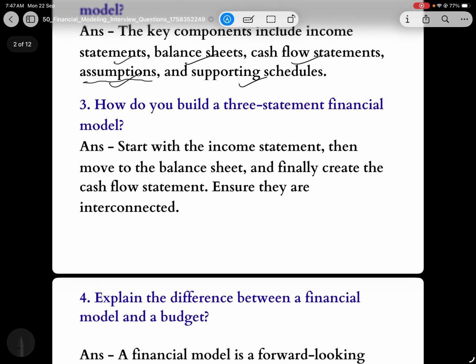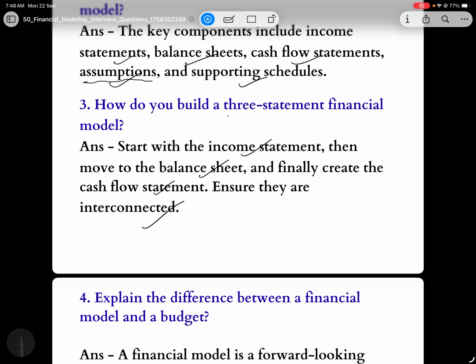So how do you build a three statement financial model, right? We first of all need to start with the income statement, then move to the balance sheet, and after we do that, we create the cash flow statement, and of course it will be interconnected, right?